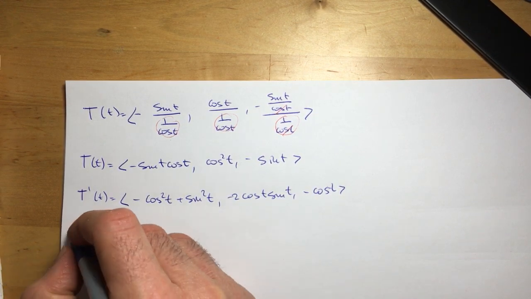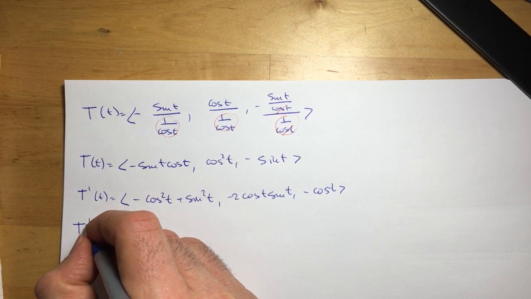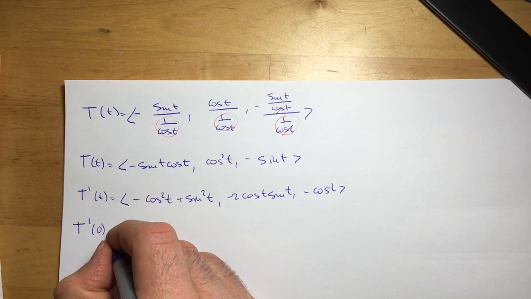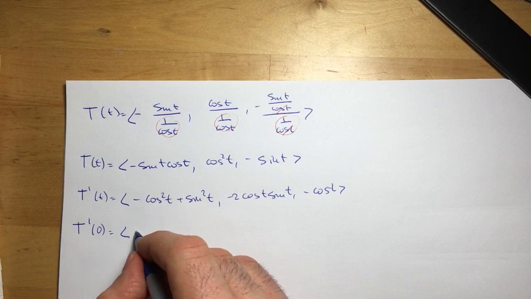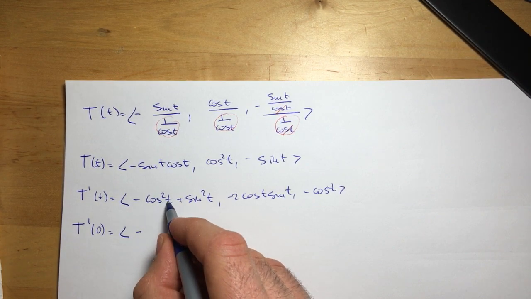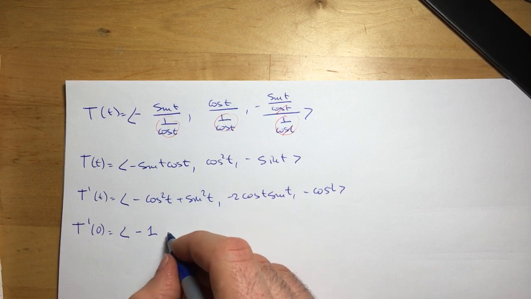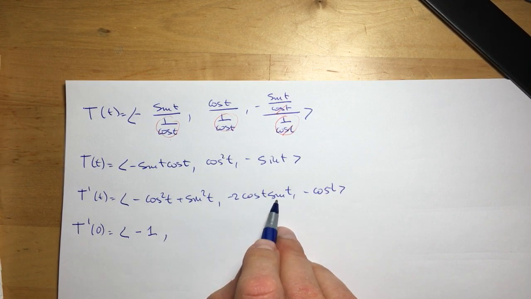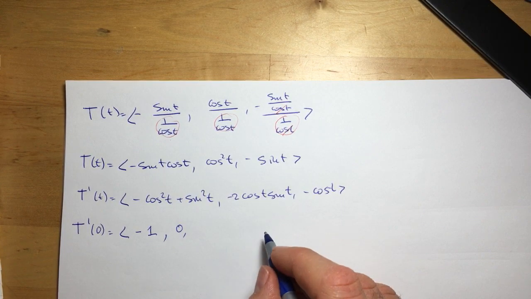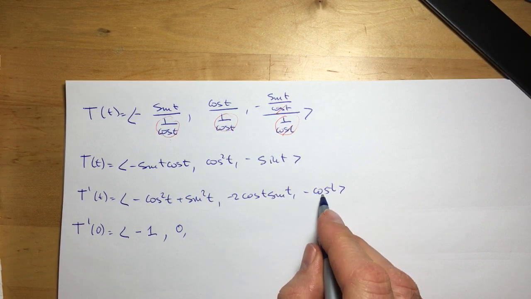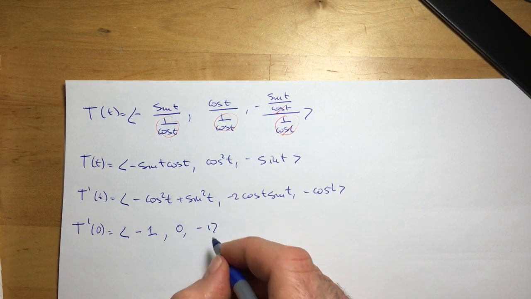Okay, so then I can evaluate how much is T prime evaluated at 0. That's negative cosine of 0, which is 1, so negative 1. Sine of 0 is 0, so the second component is 0, and cosine of 0 is 1, so negative 1.